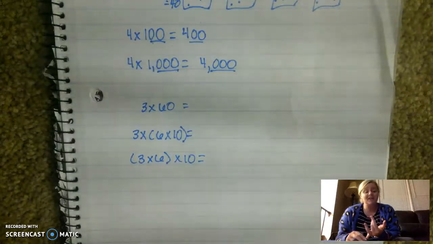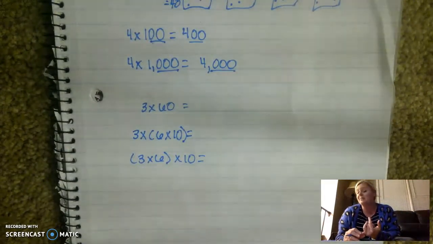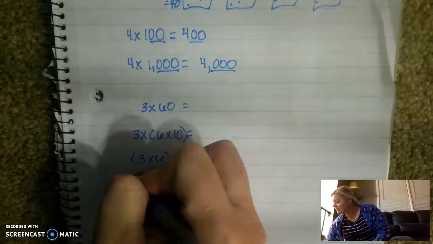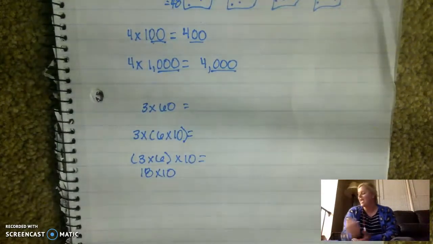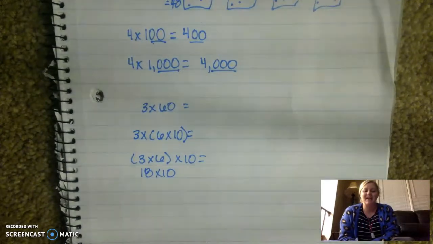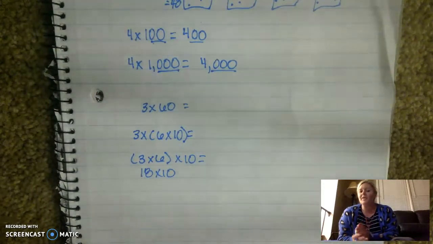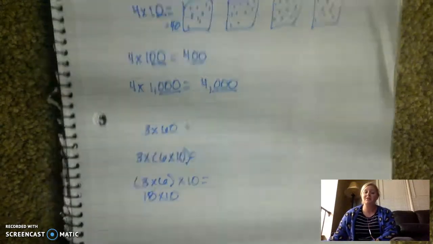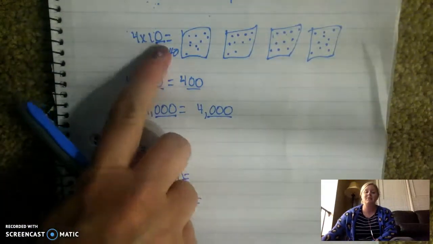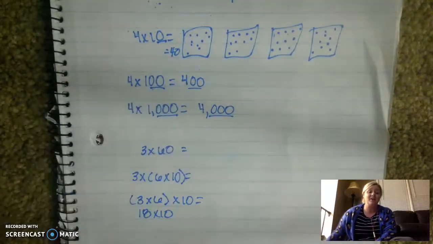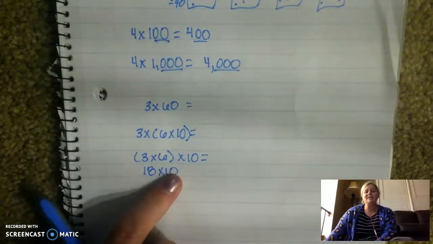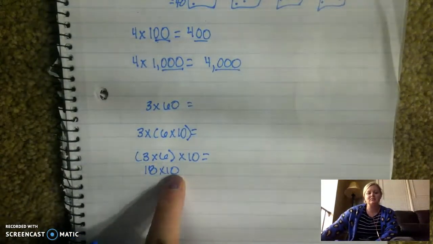Now, with our multiplication facts, we know that 3 times 6 is 18. So then I have 18 times 10. Now here's the cool thing with the 10. Remember up here when we did the 4 times 10 and we saw that we had the same number of zeros after the product? Well, how many zeros do we have after this?